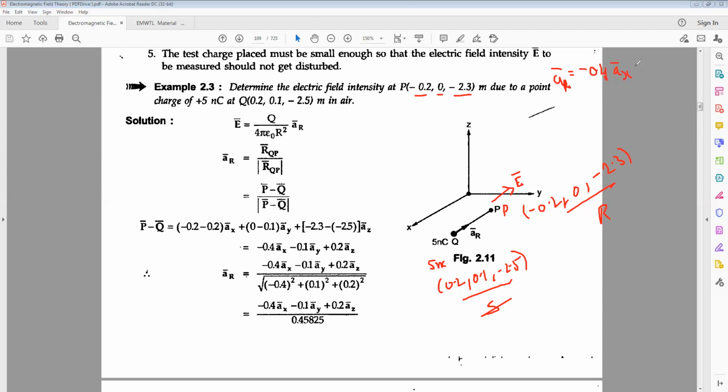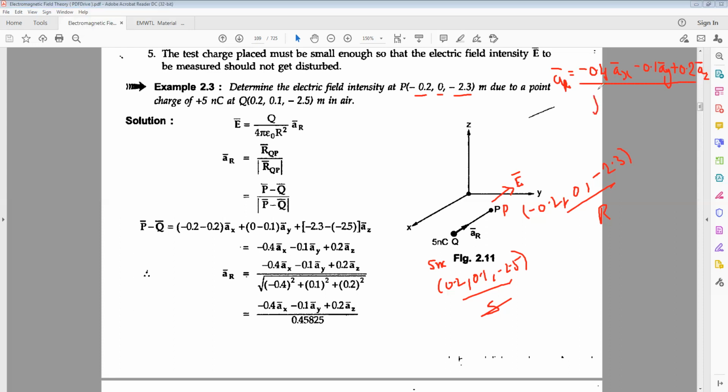Here 0 minus 0.1 gives minus 0.1 AY bar. And minus 2.3 plus 2.5, which is 2.5 minus 2.3, is 0.2 AZ bar.